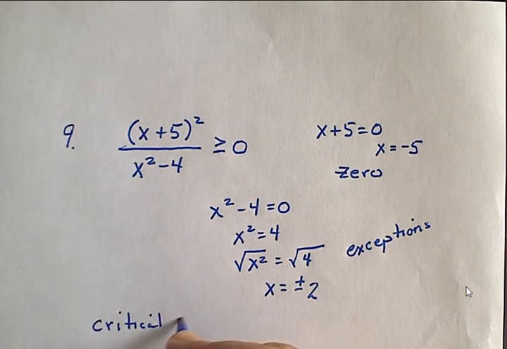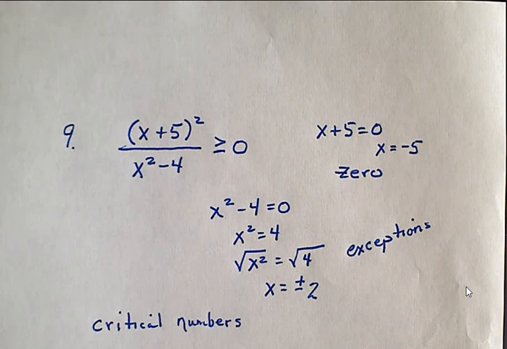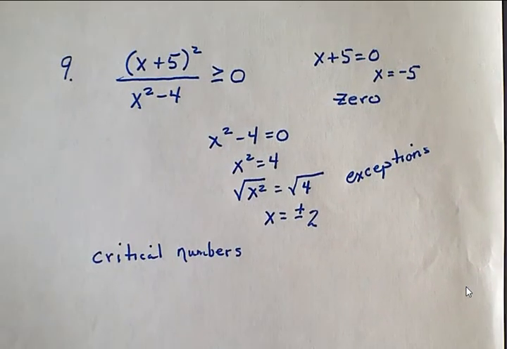When we did the polynomial ones on the top of the page, all we had to worry about were zeros. That's all there was. Well, in rational inequalities, you have to worry about not only zeros, but exceptions. So you put the pool together, you create a list of critical numbers, and then you use the critical numbers to generate your table.